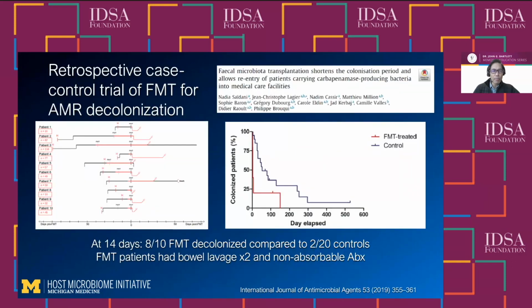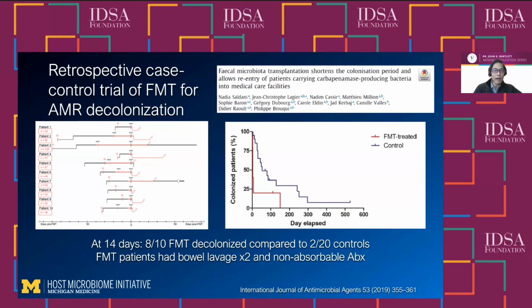So there are a number of case series, and on this particular slide, we're looking at a retrospective case-controlled trial of FMT for AMR decolonization. In this case, they had 10 patients that they gave fecal transplant to. These are patients who were carrying carbapenemase-producing bacteria.